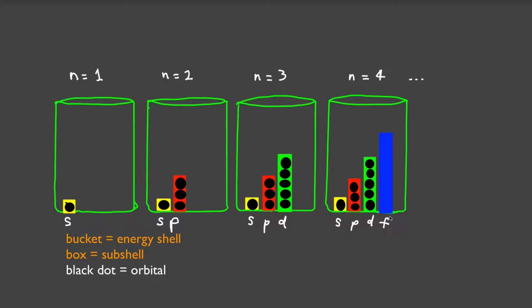And an F sublevel can have a total of 7 values, or 7 orbitals, -3, -2, -1, 0, 1, 2, and 3.